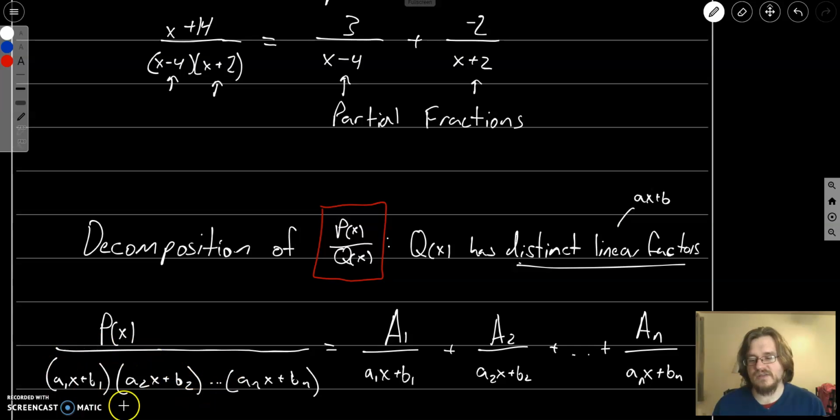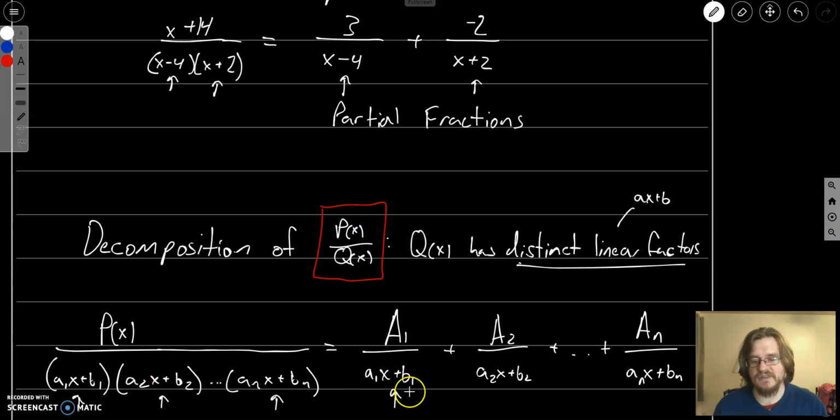So when I can write p of x divided by a bunch of distinct linear factors, the first one, the second one, let's say n of them, I can then take my fraction and write it as the sum of n partial fractions.